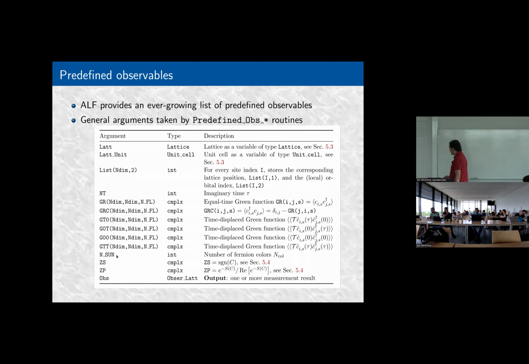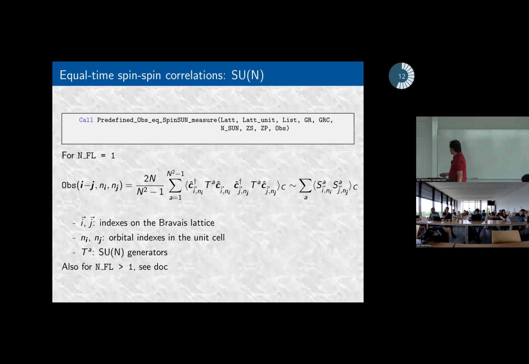So this is a parameter that says that we have n fermions which enjoy a full SUN symmetry, which remains also at the level of the Hubbard-Stratonovich. So here I'm giving you a few examples of the most important equal time correlations. For example, we have a routine computing the spin-spin correlation.